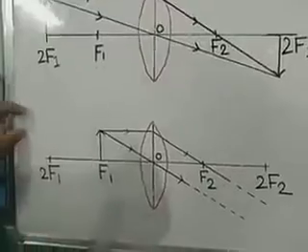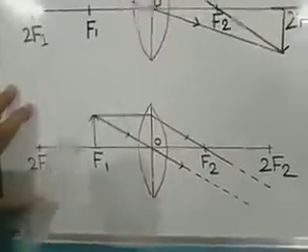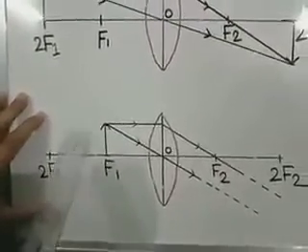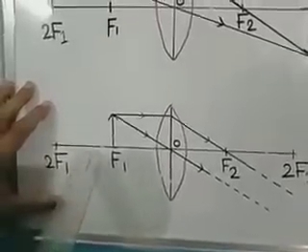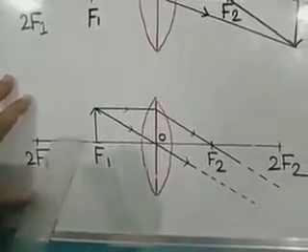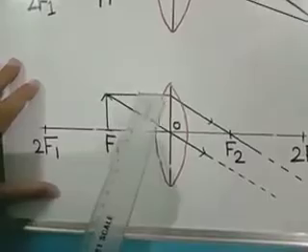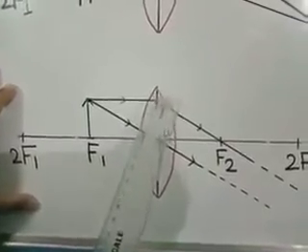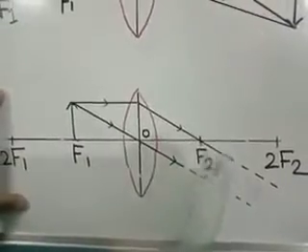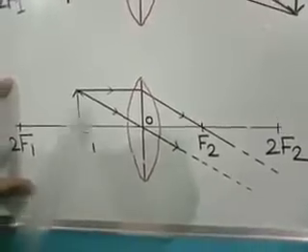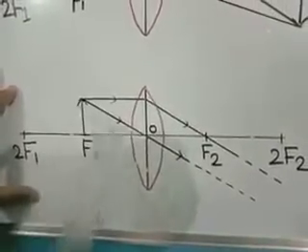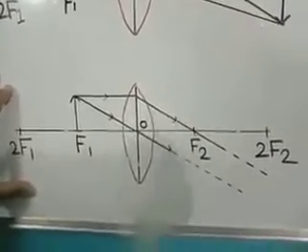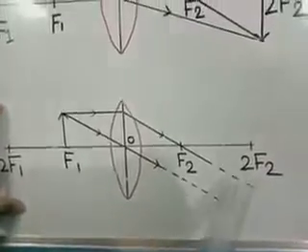Point number 3: when the object is placed at the principal focus. One ray will be parallel to the principal axis. After refraction, it will pass through the principal focus. Another ray will pass through the optic center. Both the refracted rays will be parallel to each other.